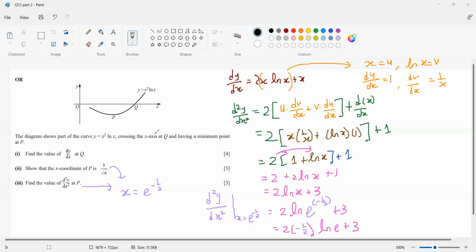But we all know that ln e is just 1, because the base is the same. The log of e is 1. So it's just 3 minus 1. 2 times half is just -1. So the final answer should be 2. Thank you.